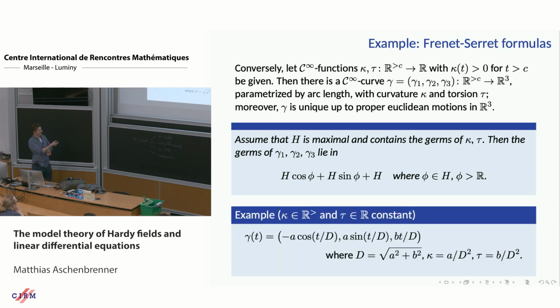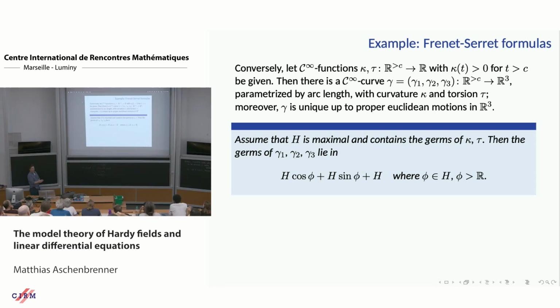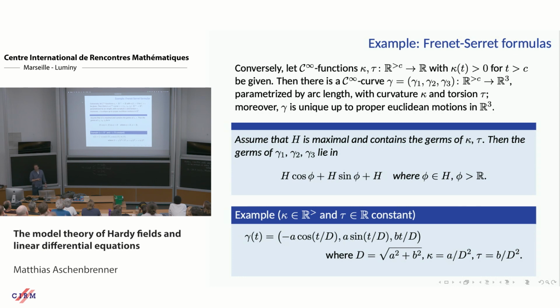Well, they will all lie in this subvector space generated by cosine phi and sine phi and 1 over H. So this means you can explicitly describe this curve in terms of terms from H. And the simplest example is the helix, where kappa and tau are constant, and then what you get as the solution curve is the following thing here.